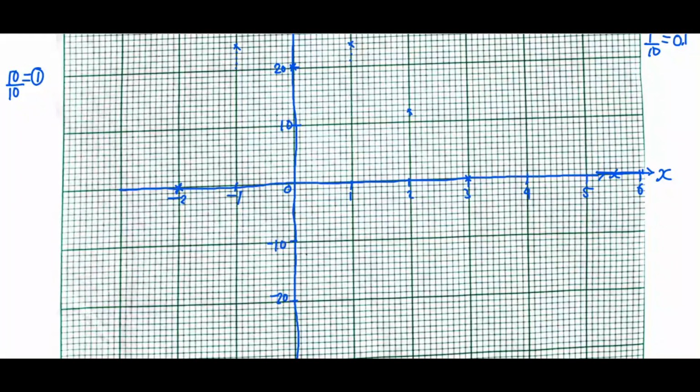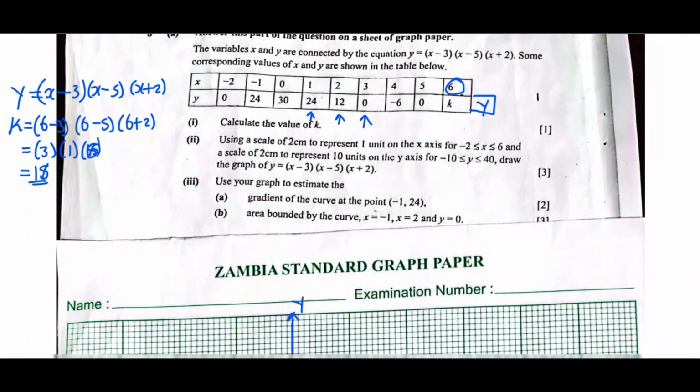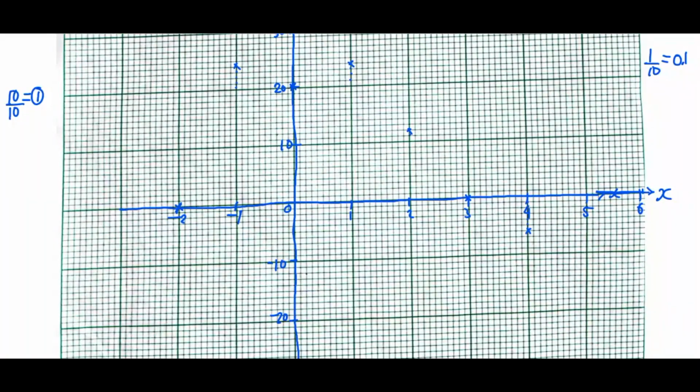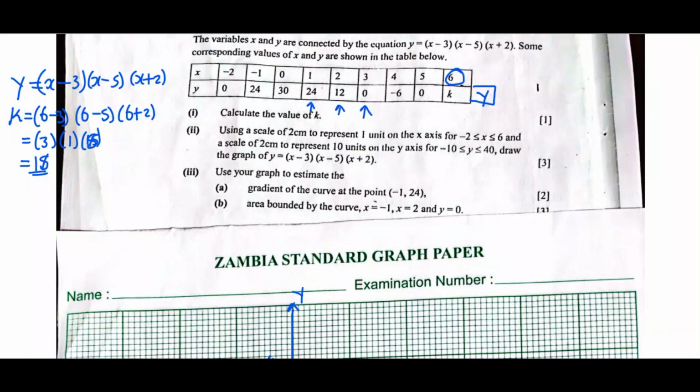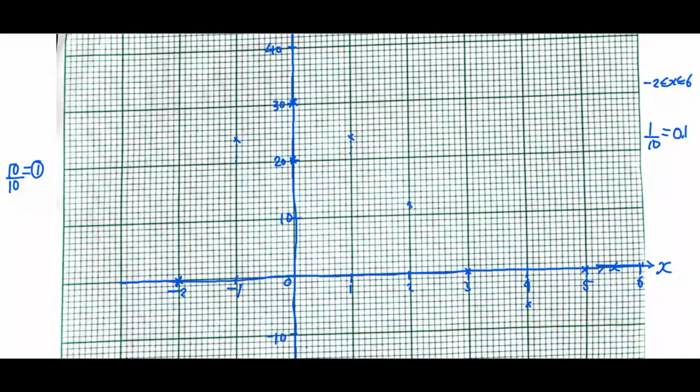So -1, 2, 3, 4, 5, -6 is here. Then we have 5, 0. 5, 0 is here. Then we have 6, k is 18. So 6, 18: 1, 2, 3, 4, 5, 6, 7, 8. So we can now draw our line.